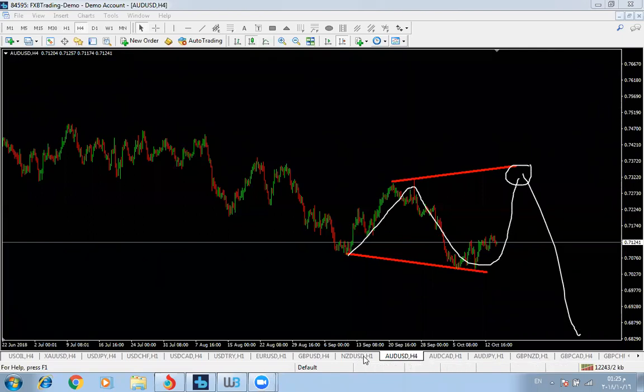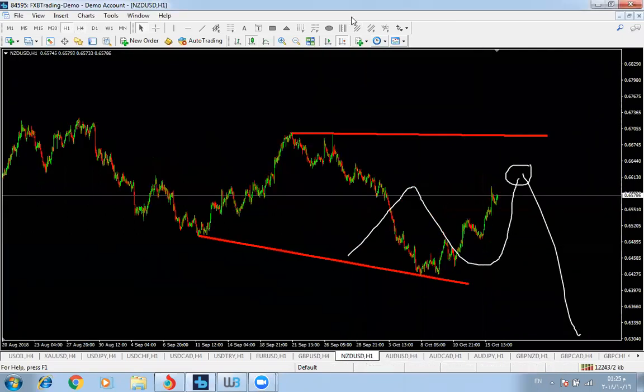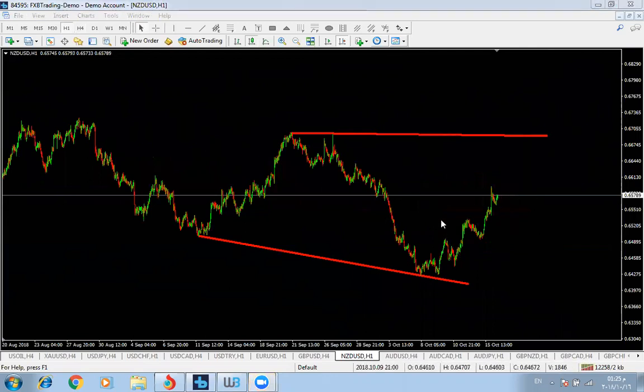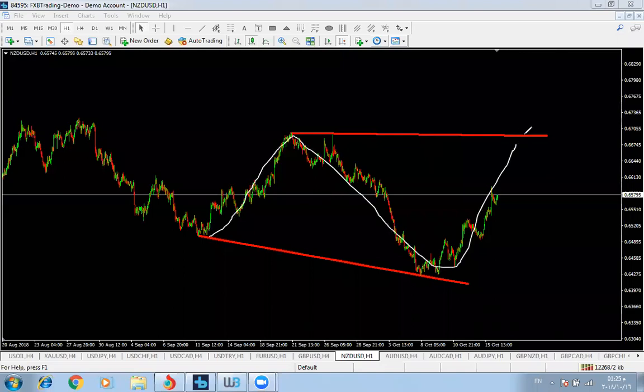The same thing as Kiwi, New Zealand dollar. Complete this correction to this area, then going to the downside.